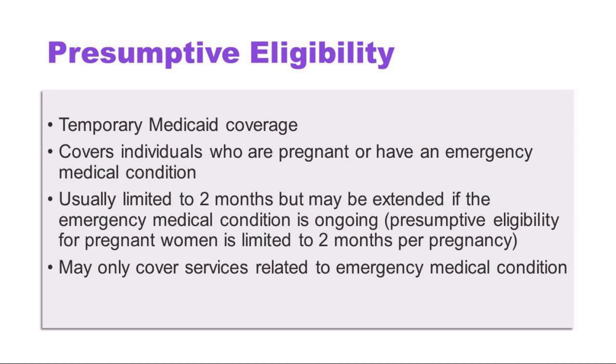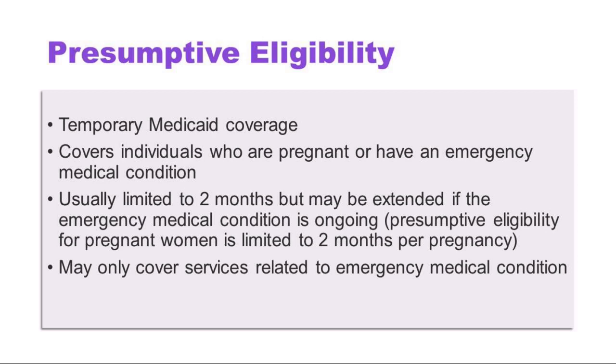However, presumptive eligibility for pregnant women is limited to 2 months per pregnancy. Additionally, presumptive eligibility may only cover services related to the emergency medical condition. Presumptive eligibility is not considered minimum essential coverage for the Affordable Care Act. Most application assisters are not able to complete presumptive eligibility applications.